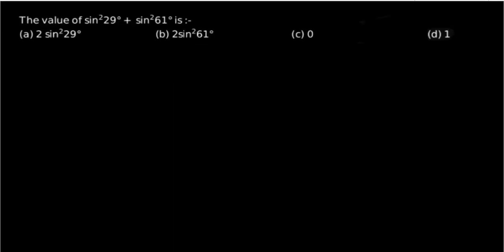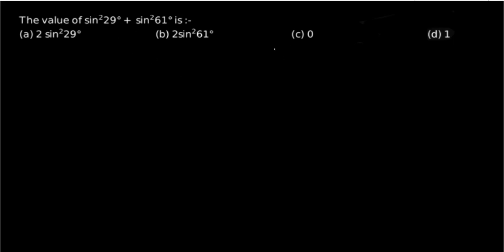Next question. The value of sine square 29 degree plus sine square 61 degree is what? The sine square 29, the 61 also can be written as 90 minus 61 becomes 29.